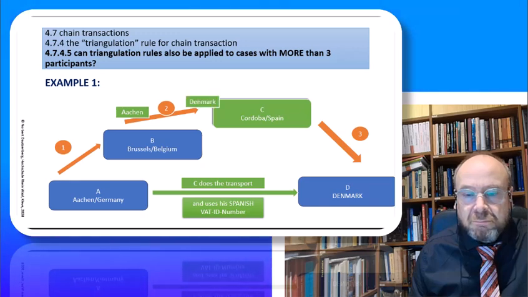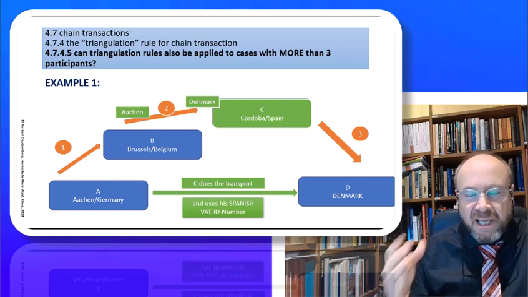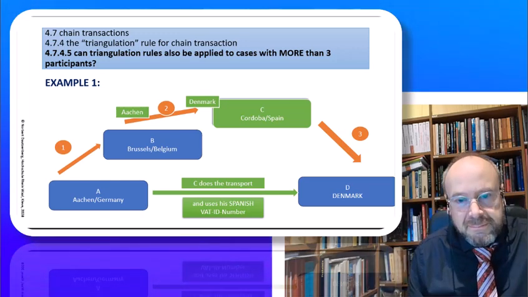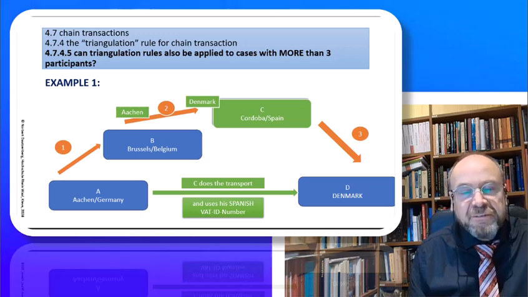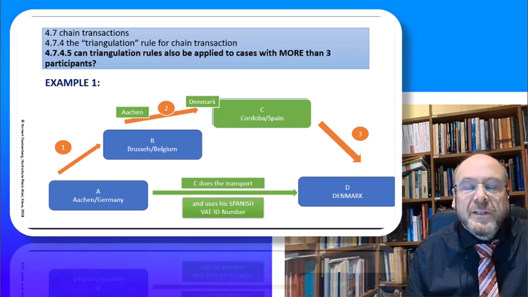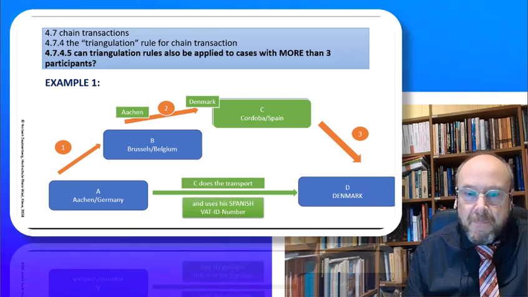No, sorry, mistake. C does the transport, and you see, well, I'm an idiot, because you remember, if somebody in the middle of the chain does the transport, then he has two possibilities.